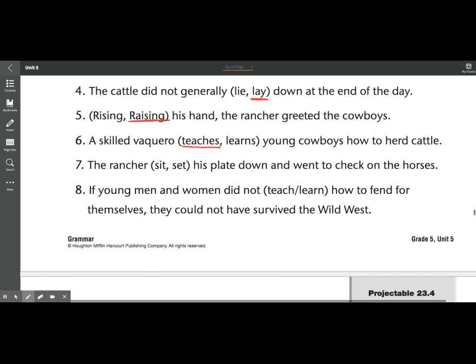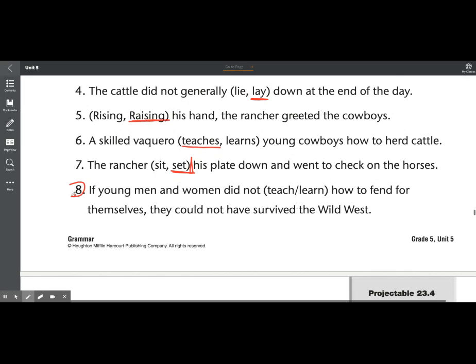Number 7, the rancher sit his plate down and went to check on the horses, or the rancher set his plate down and went to check on the horses. Set is the verb that we need. To set his plate down means that he put it on top of the table or on top of something else. You cannot make a plate sit down, of course.